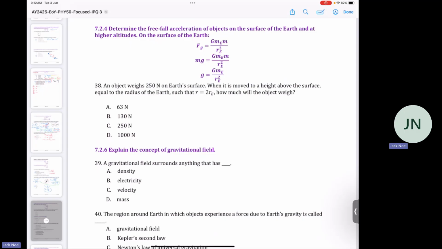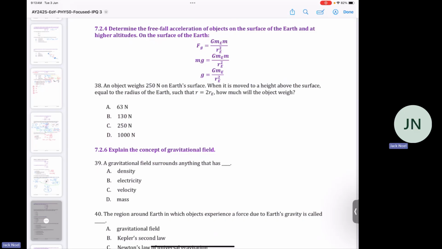The weight of the object, definitely, it's going to decrease. So as you move further away from the Earth's surface, the gravitational acceleration becomes smaller, which means that the weight also becomes smaller.